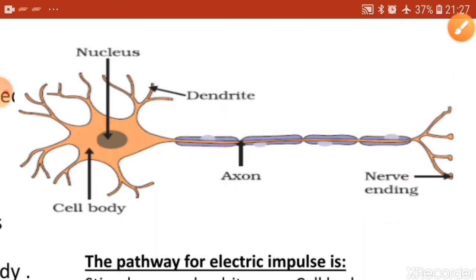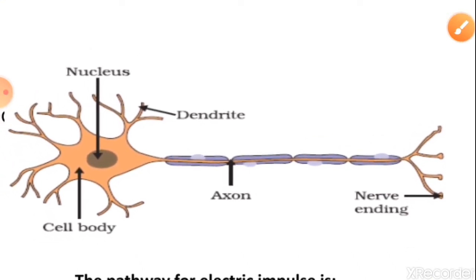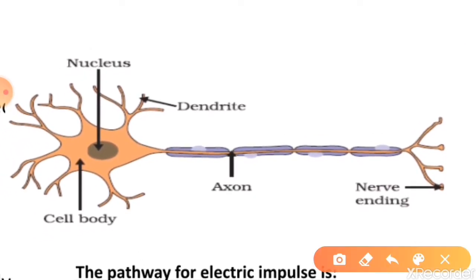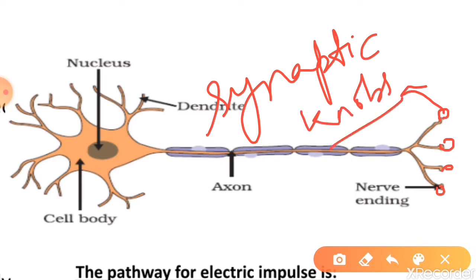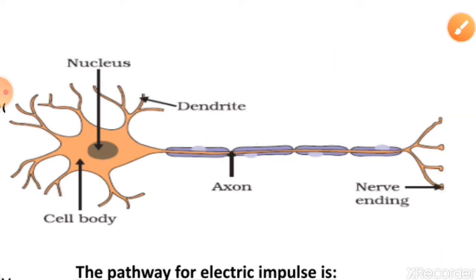And as you can see here, the axon terminals at the end are knobbed. So these knobbed endings of the axon terminals are referred to as synaptic knobs, which I'll be telling you about in the next slides to come.